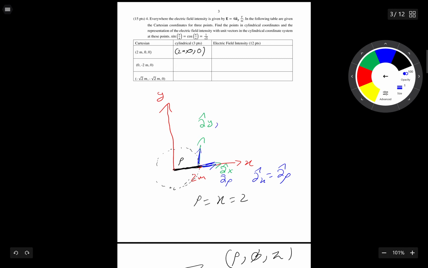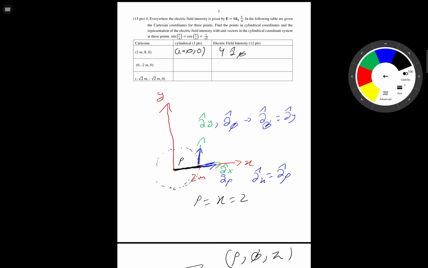And I forgot to mention that in each coordinate system, all these components are perpendicular to each other. By perpendicular, I mean they have a 90-degree angle with each other: the x, y, z, and the rho, phi, z. So our phi angle is pointing over here, so we know that our unit vectors a sub phi and a sub y are equal. So we can write that our electric field intensity is pointing in the a sub phi direction in the cylindrical coordinate system.